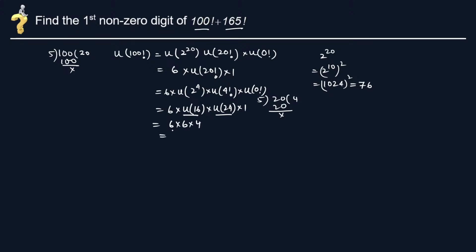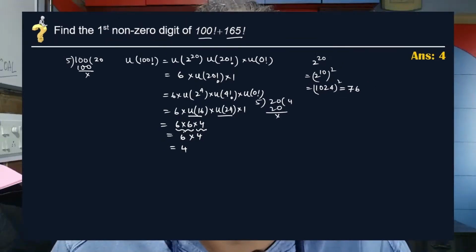So the thing is coming to 6 times 6, 36. So the first non-zero digit when we multiply 6 with 6 is 36, that means it's only 6. And when this 6 is multiplied with 4, it is coming to 24, so the first non-zero digit will be 4 only, right? Therefore, our answer in this problem is 4. That is, the first non-zero digit of factorial 100 plus factorial 165 is 4.